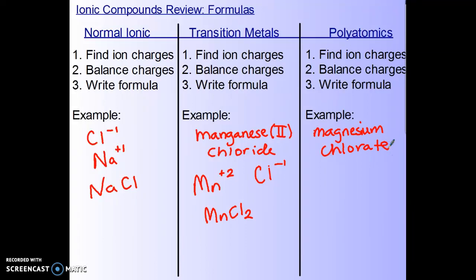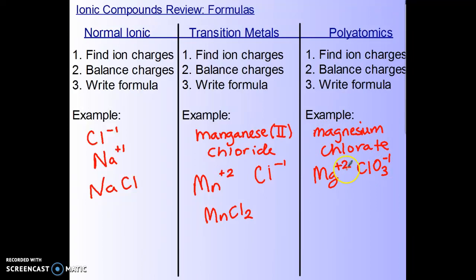If you recall from the previous thing we were discussing, chlorate has one more oxygen than chlorite, and that was ClO3, and it had a -1 charge. You could look at the back of your periodic table and find chlorate. It would be with this formula. Magnesium has a +2 charge.